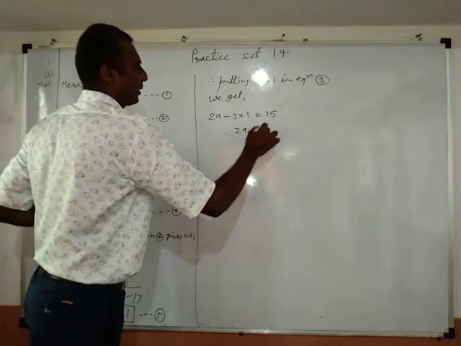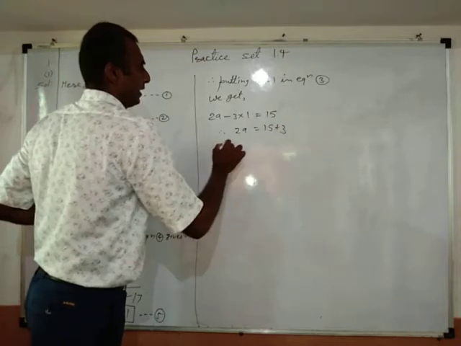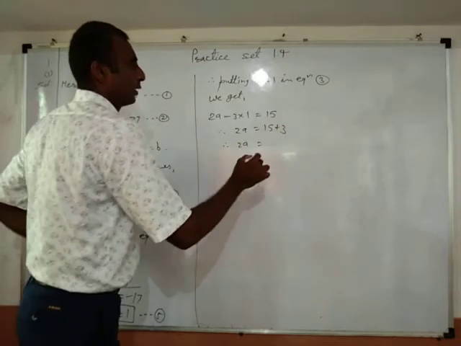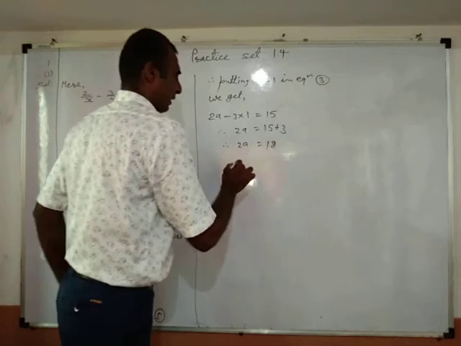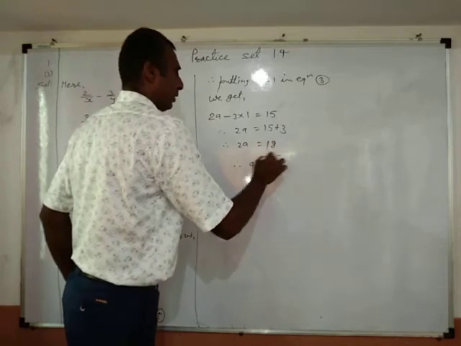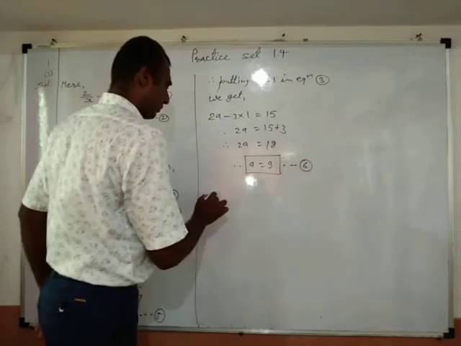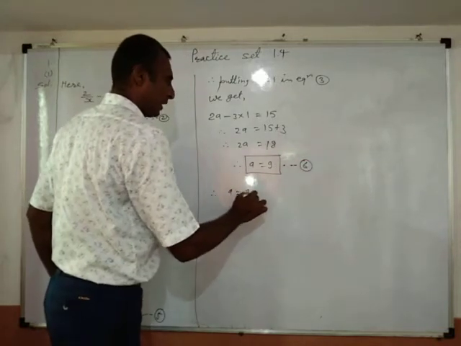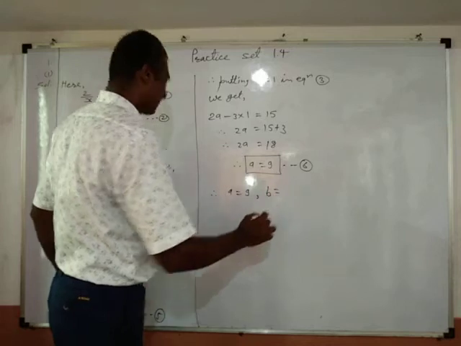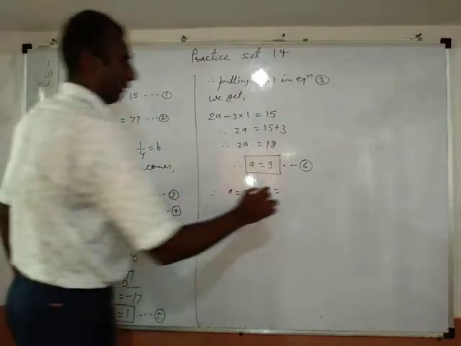Therefore 2a equals 15 plus 3, therefore 2a equals 18, therefore a equals 9. Okay, and therefore a equals 9 and b equals 1.